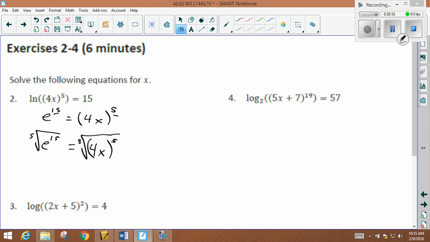And the reason why this works so nicely is because remember we can write the 5th root as raising something to the 1/5 power. So then this becomes 4 to the x to the 5th to the 1/5 power, right? And now, a lot of those exponents just went away. I didn't have to do a bunch of crazy calculator work.